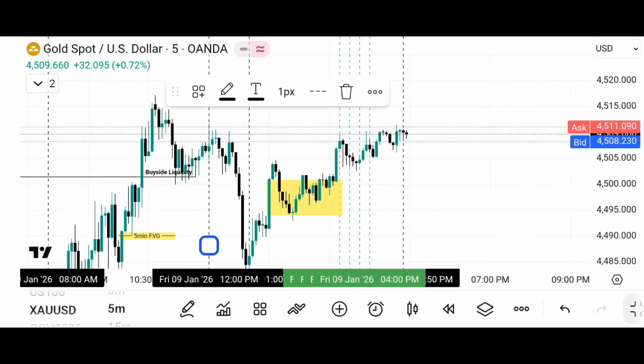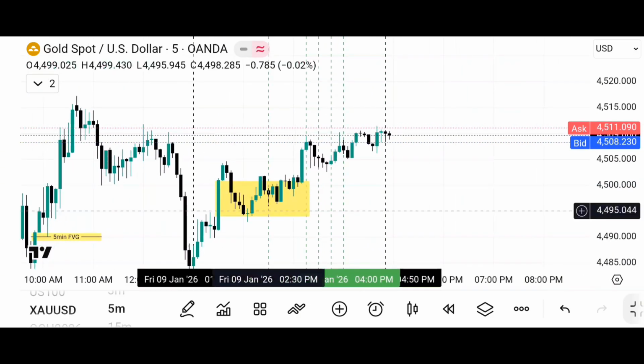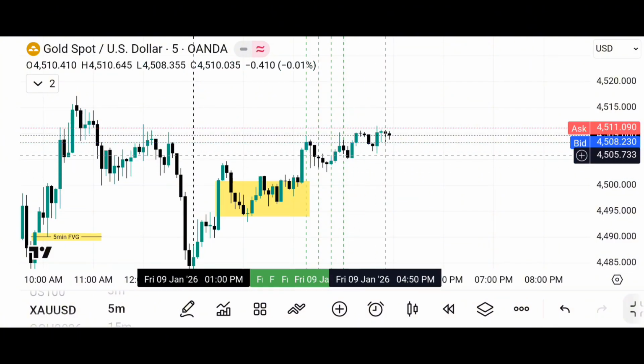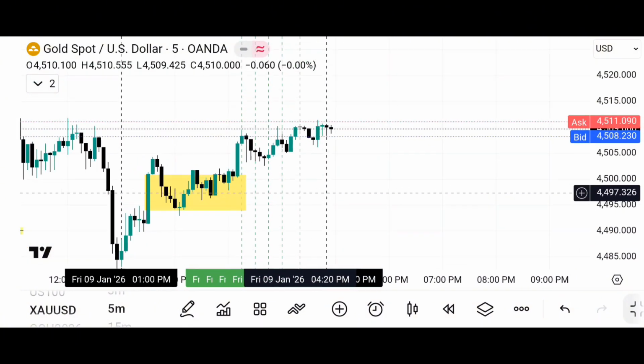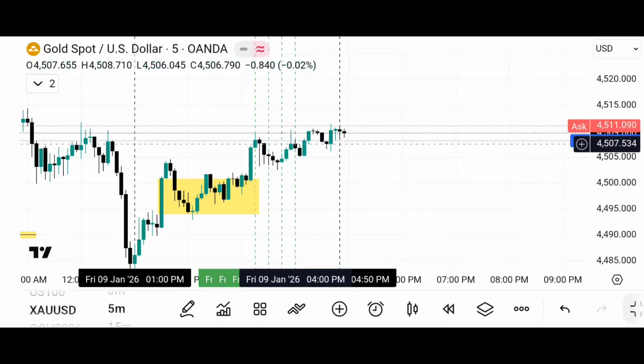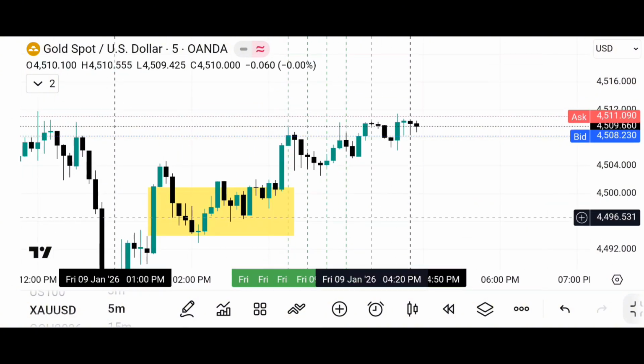Let me remove the key zone for the New York PM, so this won't confuse you. This is the key zone for the London New York PM. This and this. And these broken lines in green, these are your macros.